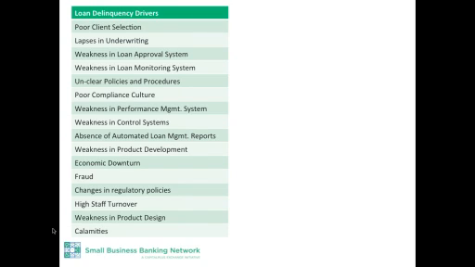First, we have poor client selection, lapses in loan underwriting, weakness in loan approval system, weakness in loan monitoring system, unclear policies and procedures, poor compliance culture, weakness in performance management system, weakness in control systems, absence of automated loan management reports, weakness in product development, economic downturn, fraud, changes in regulatory policies, high staff turnover, weakness in product design, and calamities.